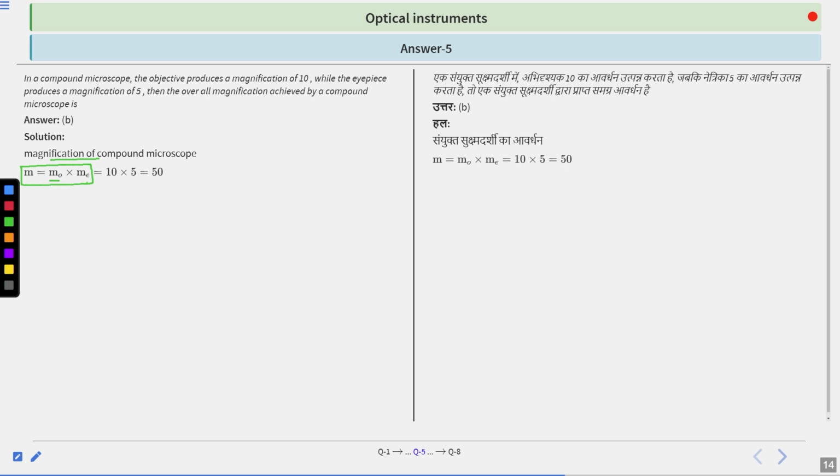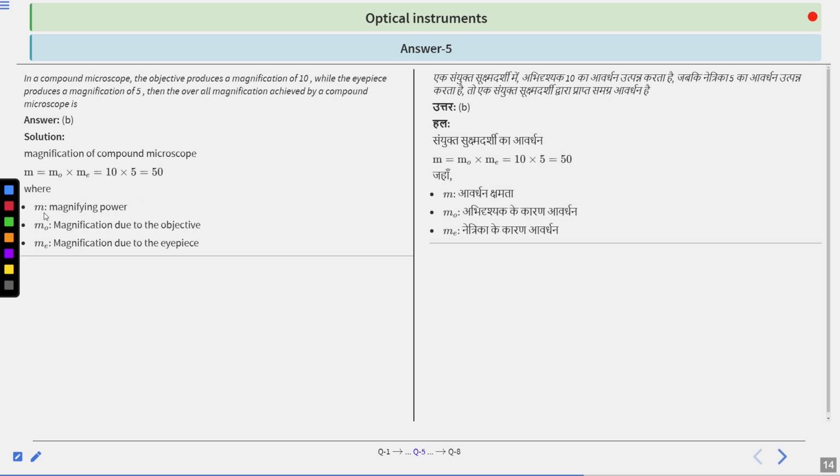Here Mo is the magnification produced by the objective and Me is the magnification produced by the eyepiece. Both terms are given in this question. Mo is 10 and Me is 5. Multiplying 10 by 5, you get 50.